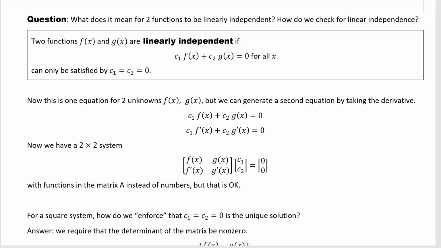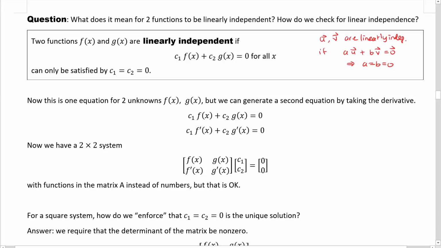Let me recall the definition for vectors u and v being linearly independent: a u plus b v equal to 0 implies a and b are both 0.